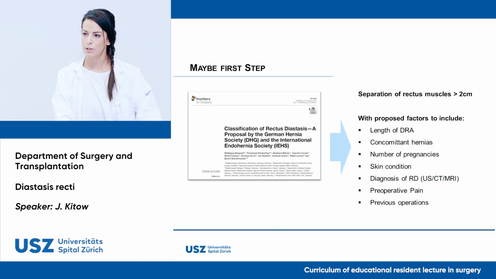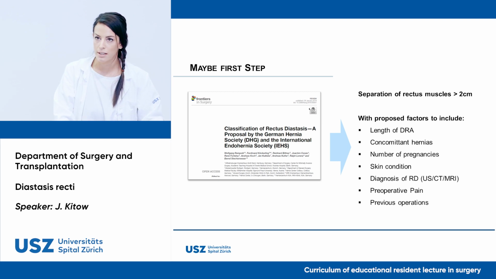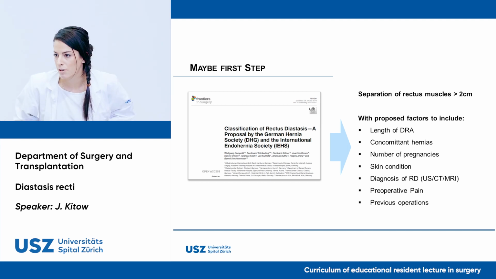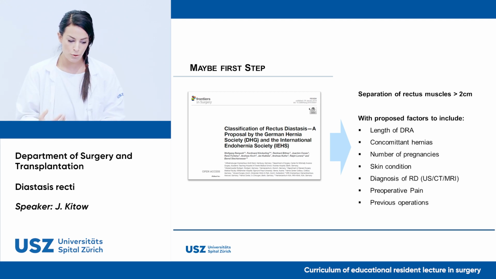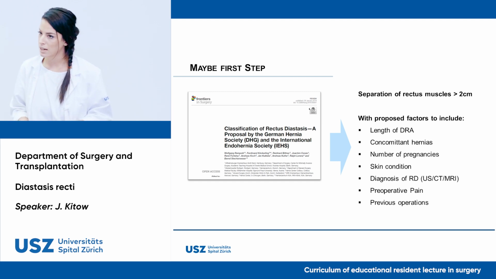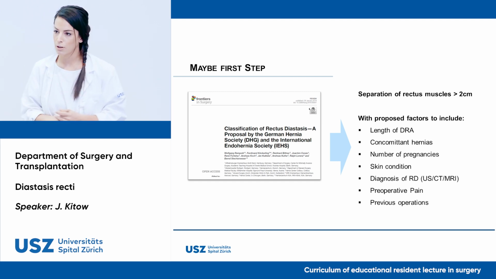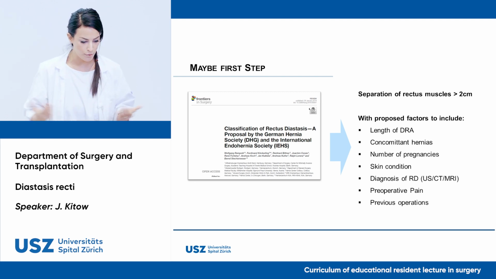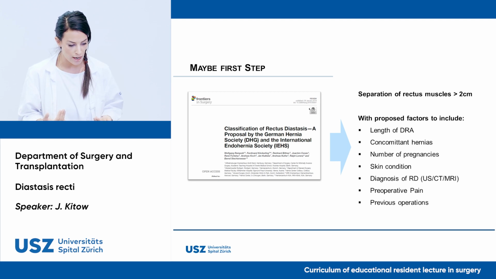But there may be a first step, as the German Hernia Society and the International Endohernia Society brought out this classification of rectus diastasis as a separation of the rectus muscles of more than 2 centimeters. And they proposed to include some more factors, which are very important, like the length of the diastasis rectus abdominis, if there are concomitant hernias, how many pregnancies the woman had before, and what the skin condition is like.